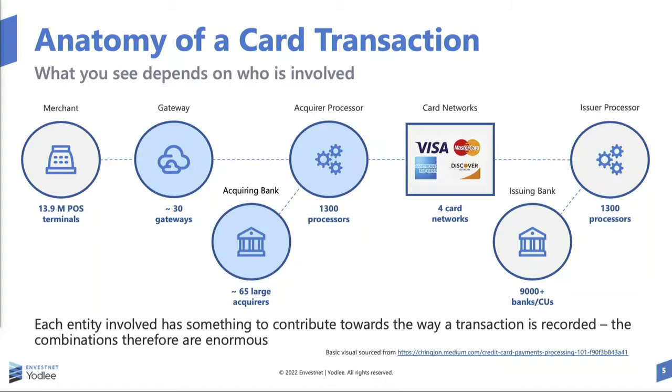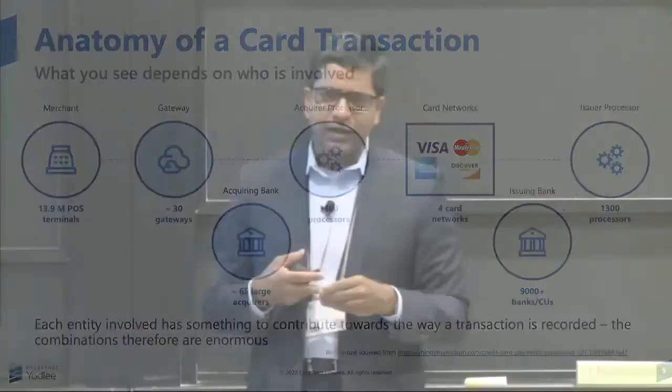And I think we are all familiar with the 4 big card networks. These card networks provide the technical infrastructure around the whole ecosystem, and define the rules and regulations around this whole industry.